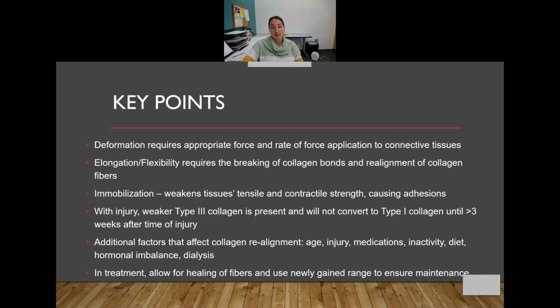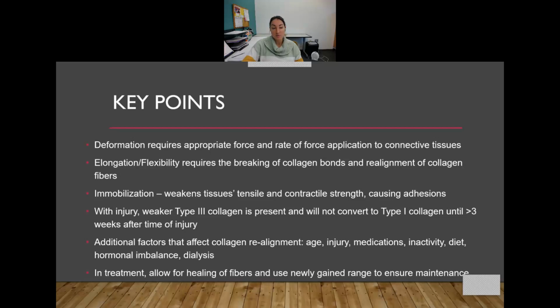With immobilization, the tissue's tensile and contractile strength decreases and adhesions increase. So if somebody's been immobilized, most likely you're going to have to do some breaking down of scar tissue and some increasing of range of motion and stretching in order to realign those fibers.